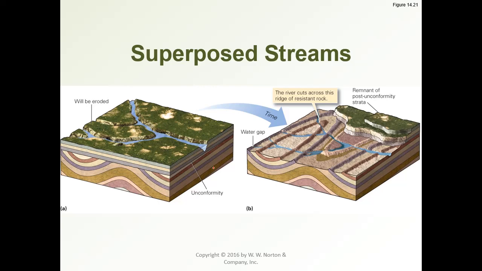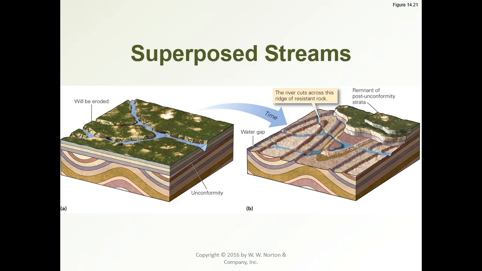This material had already undergone its shaping, and then we're down cutting into that material. I'm sorry, the incised meanders are more an antecedent stream. So we're seeing that this is going to be a more simple pattern.